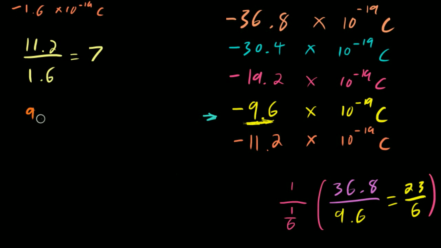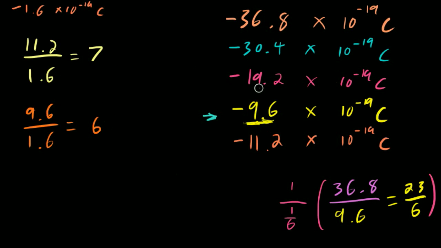I don't even need the calculator. 9.6 divided by 1.6, and the way we got to this second guess was that we divided 9.6 by 6. So this yellow drop would have had 6 electrons in it.